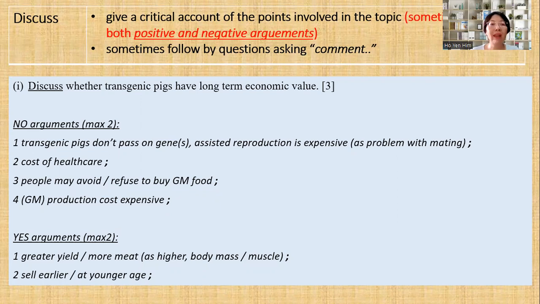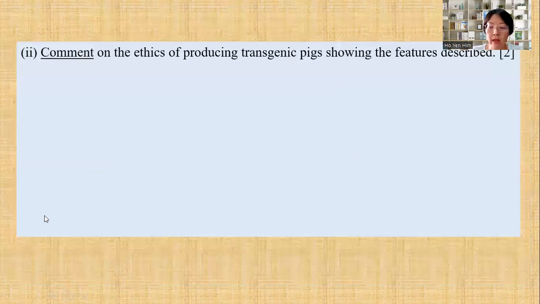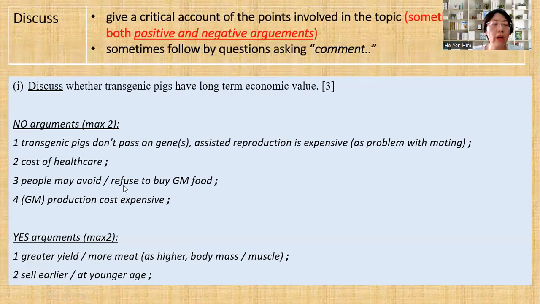Then after birth, taking care of the transgenic pigs. All these costs are very, very high, right? The transgenic pig will be very, very expensive, and the cost will go to the consumers that buy them.